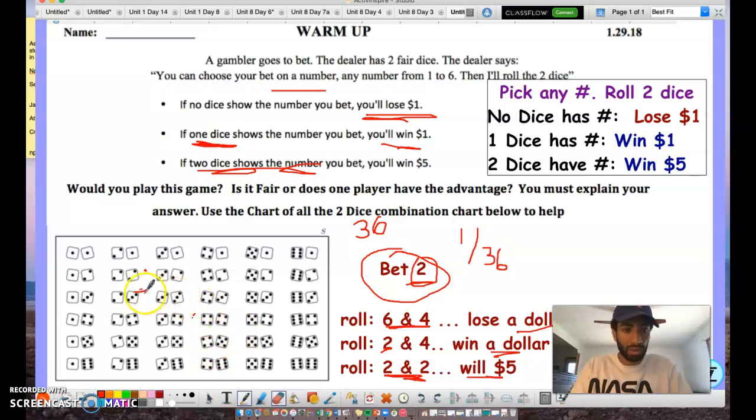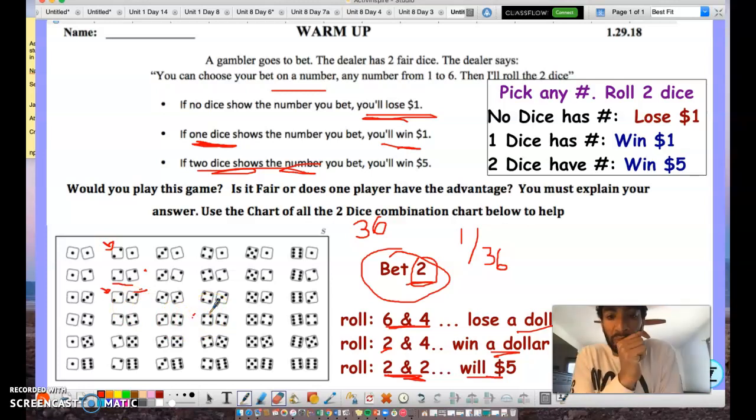Now, how many options do you have for rolling just one 2? You have to look at all the combinations where you roll just one 2. This is 2 and 2, so we can ignore it. Count how many combinations you have where you roll just one 2, figure out the probability, and then I'll leave the rest up to you.